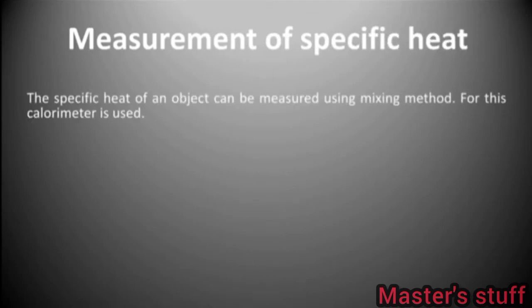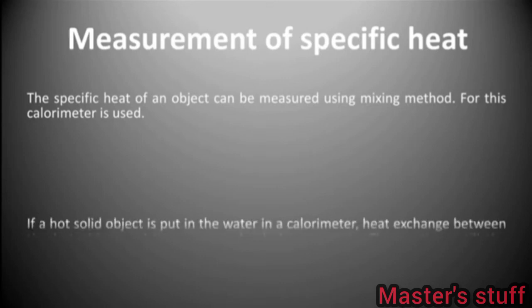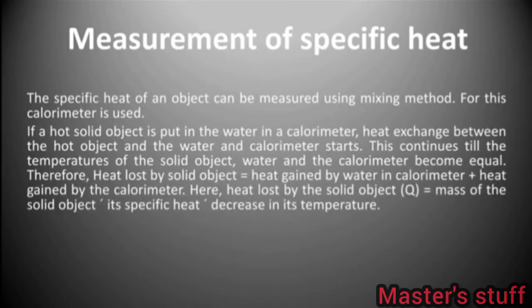Measurement of specific heat. We can understand this by using the mixing method using a calorimeter. The specific heat of an object can be measured using the mixing method. For this, a calorimeter is used. You have learned about the calorimeter in the previous standard.